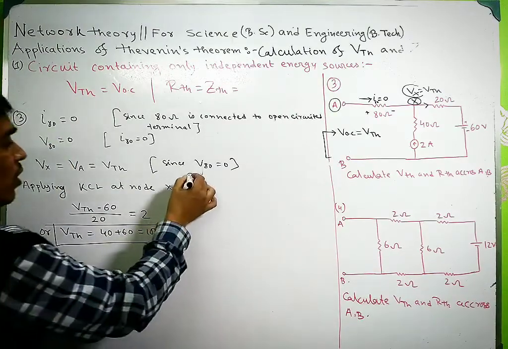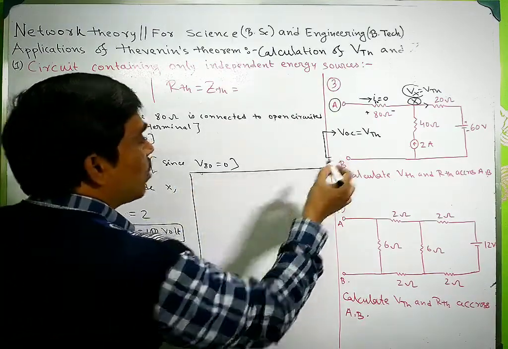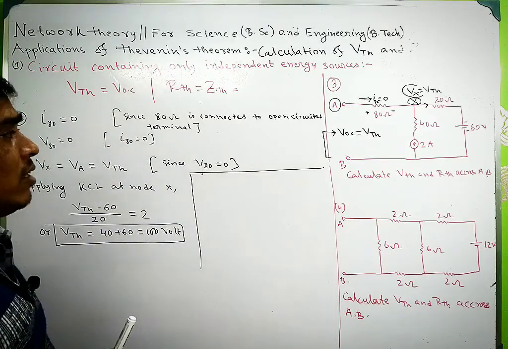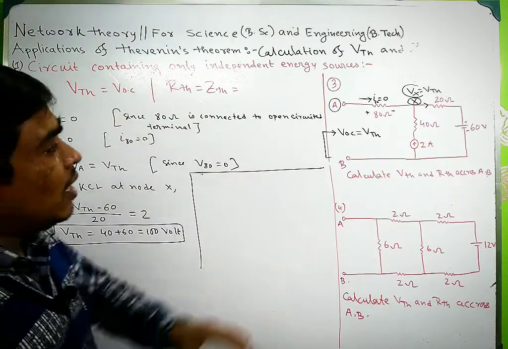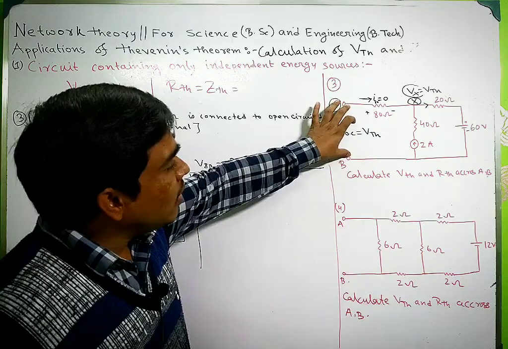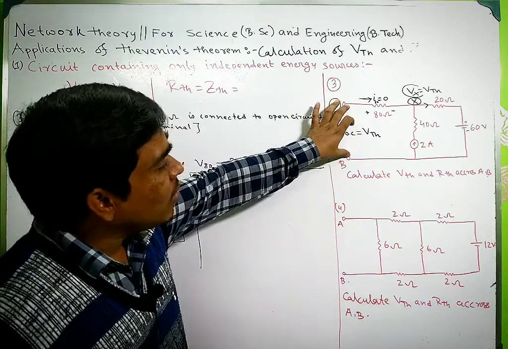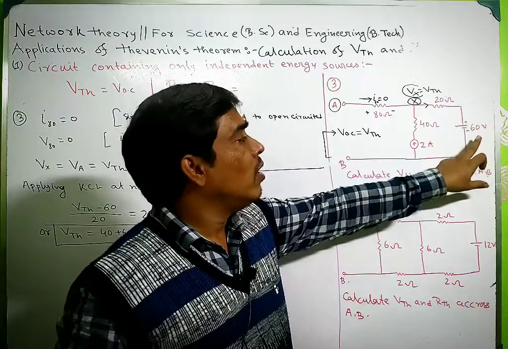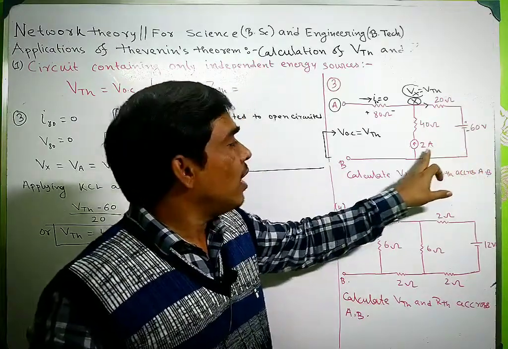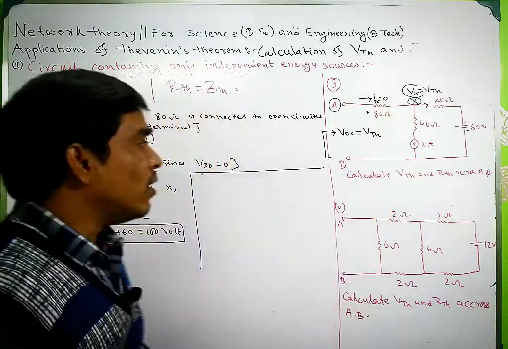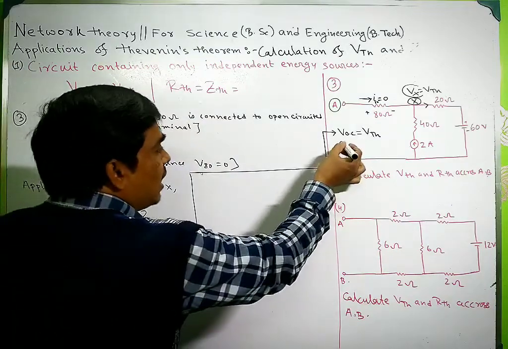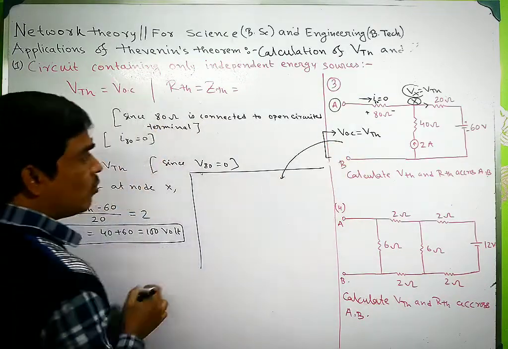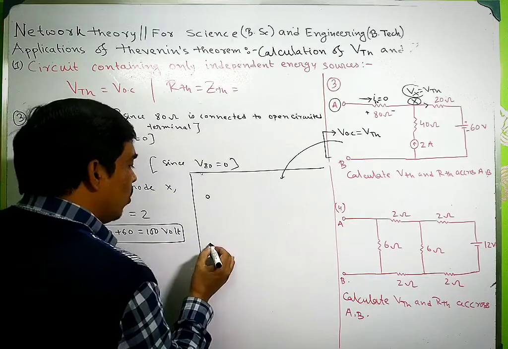Okay, so now you have to calculate the RTH. What is the RTH? RTH is the equivalent resistance seen across this terminal by replacing the voltage source with its internal impedance, and the current source is kept open. If I arrange this circuit, it will look like this.